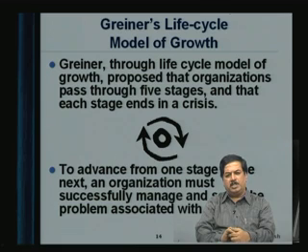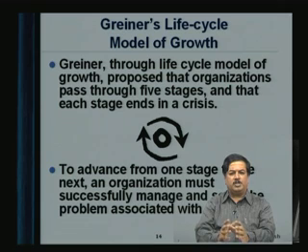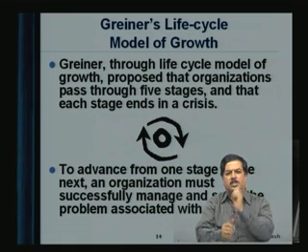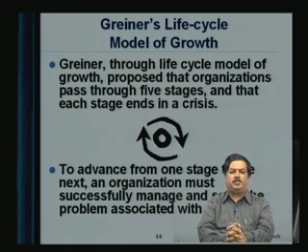So the institutional theory, the ecological aspects and the earlier ones, always talk about what triggers organizational birth, organizational growth and also organizational decline. But Greiner went a little further in using the word life cycle model of growth. Greiner's life cycle model of growth proposed that organizations pass through 5 stages, and each stage ends in a kind of crisis, and organizations respond to overcome this crisis through reorganization.